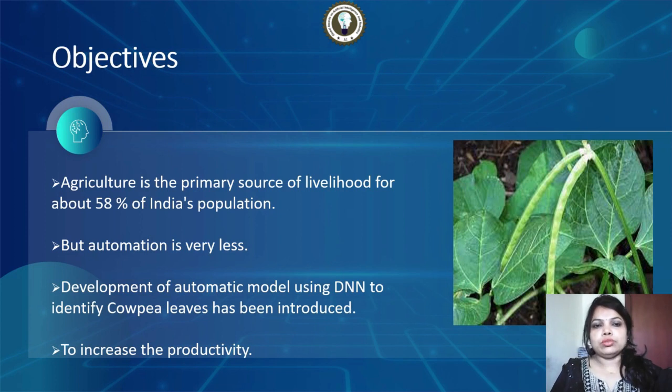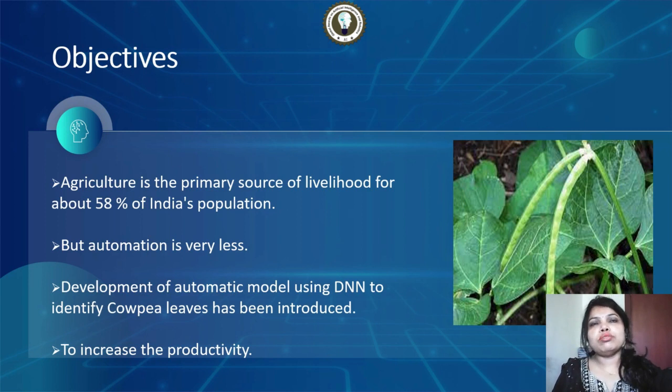But if we talk about consumption, as compared to consumption, the production of the agricultural crops is less. So we need to implement automation in order to increase the productivity, so that it could fulfill the healthy lifestyle of all the human beings.